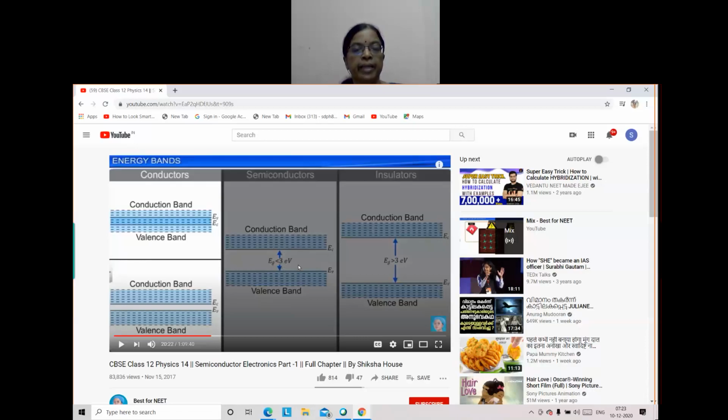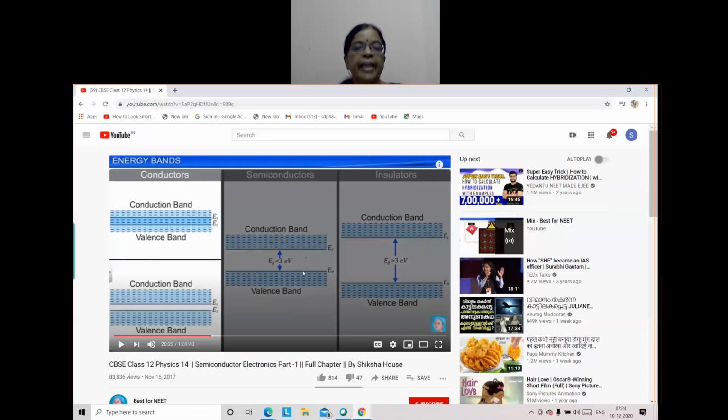That is for germanium. If germanium is taken as the semiconductor, that is its energy gap. Energy gap means this space where no electron will be there. It is the difference between the highest energy level in the valence band and the lowest energy level in the conduction band. For example, suppose the lower one, EV, is 4 eV and EC is 5 eV. 5 eV minus 4 eV, that is 1 eV.